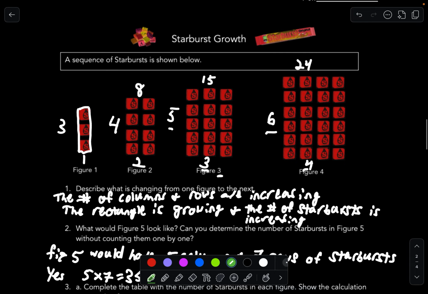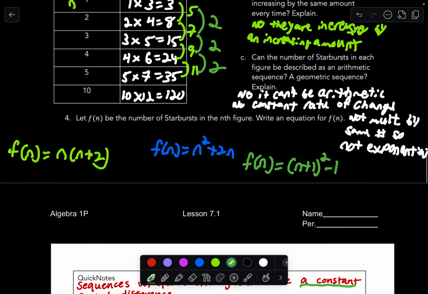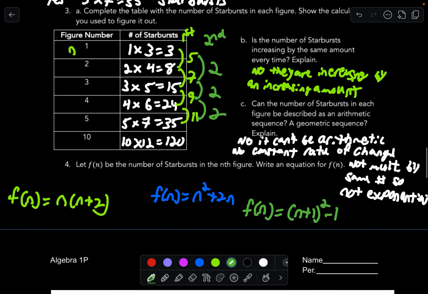If you look at these numbers right here, notice this is the first difference. And if we go one more, 7 minus 5, that's 2. 9 minus 7, that's 2. 11 minus 9, that's 2. That's the second difference.